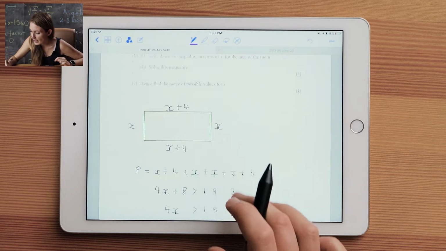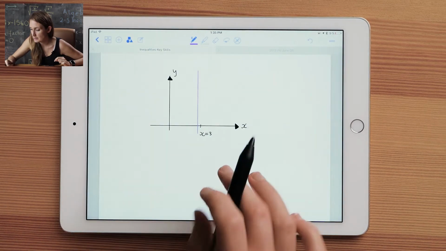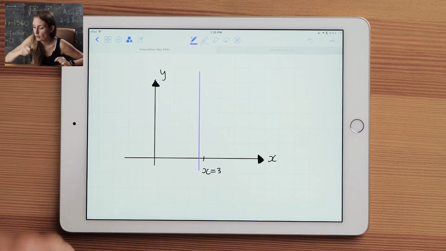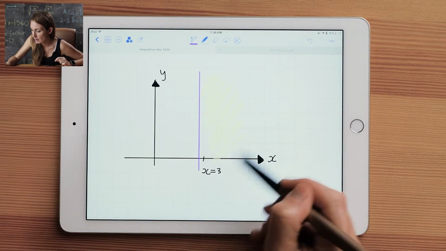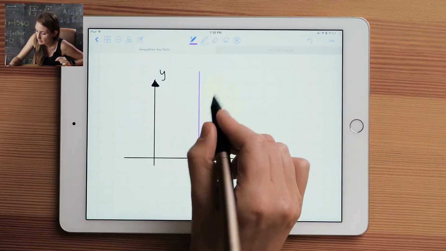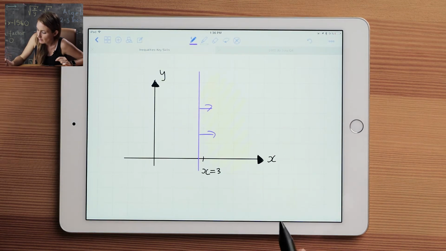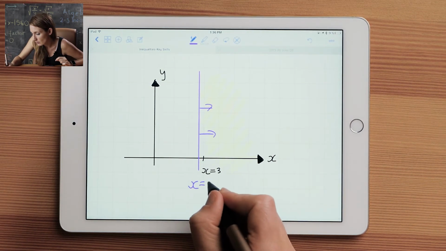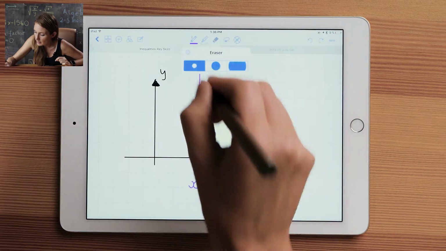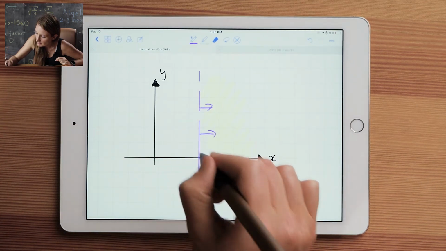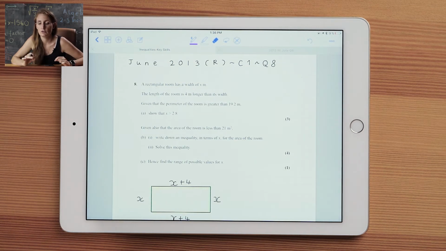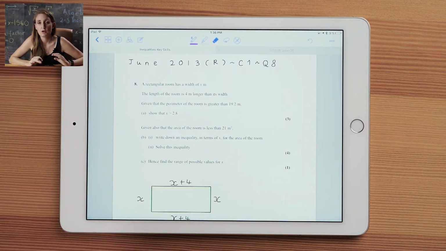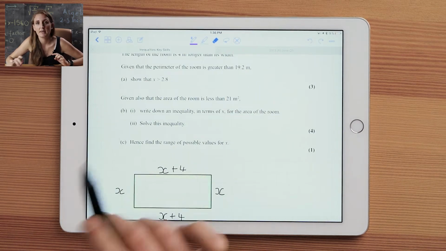And because it's x is greater than, remember, less than goes to the left, greater than is going to go to the right. So I'm going to shade everything going this direction after x is equal to 2.8. I'm going to put it in as a dotted line to remind myself it's greater than 2.8. It's not greater than or equal to, which I would have a solid line for. So that wraps up part A. And now we're going to look at part B in the next video.